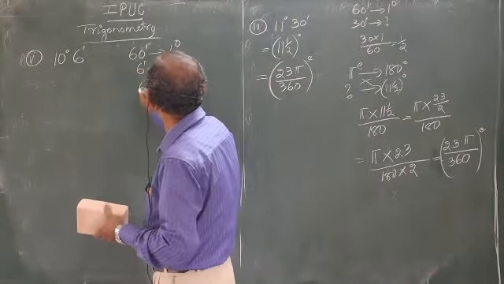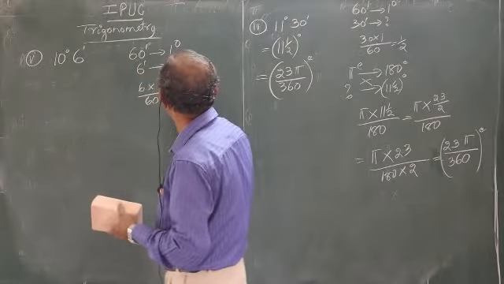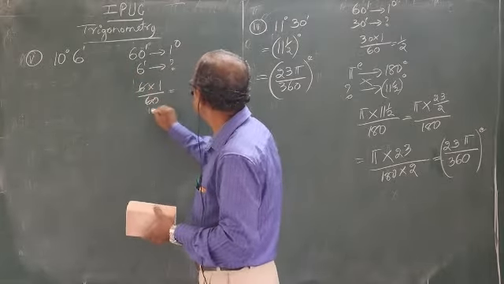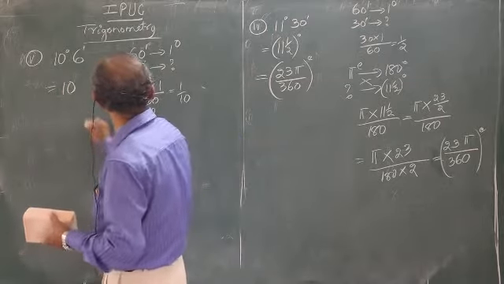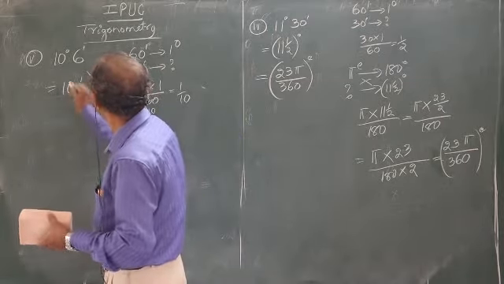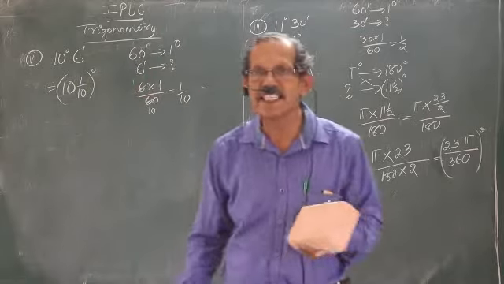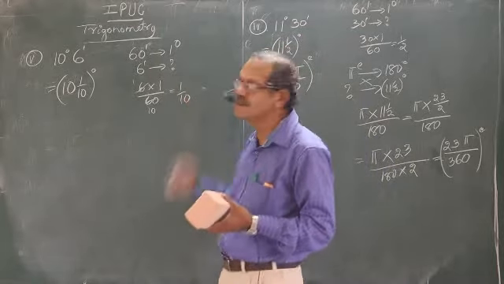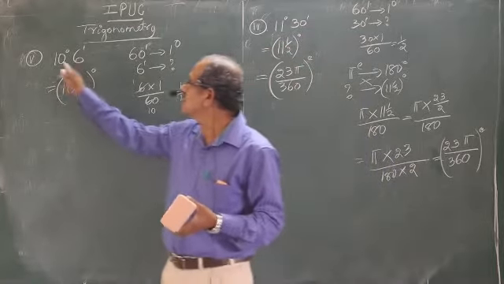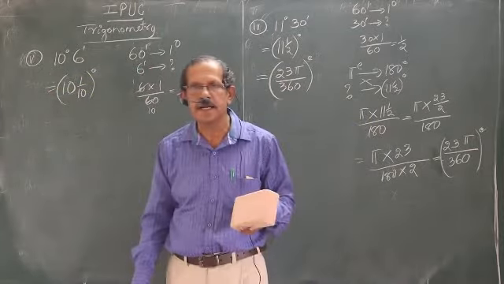Calculate it. 6 into 1 divided by 60, 6 ones are 6, 10s are 1 by 10. So clearly this can be written as 10 and 1 by 10 degree, no minute at all. That 6 minute is converted into degree, 1 by 10.